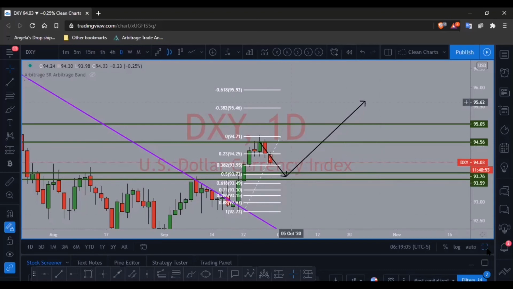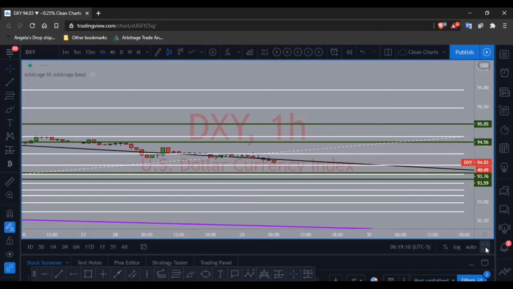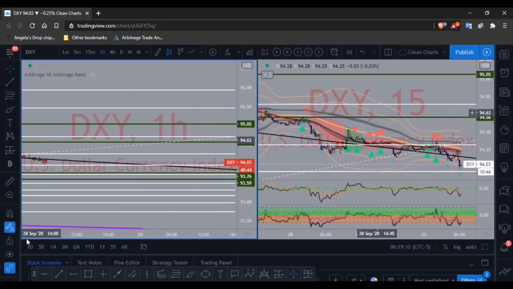Not really going to look at it on arbitrage. Well, yeah, why not? Go to the 1 hour again, then go on to arbitrage over here. Get rid of that.